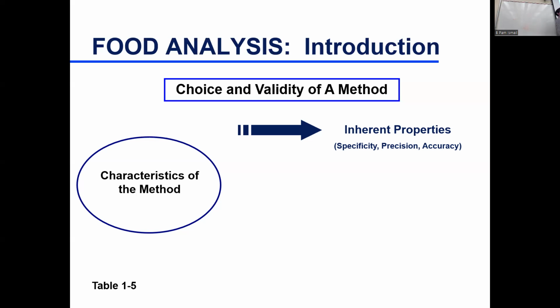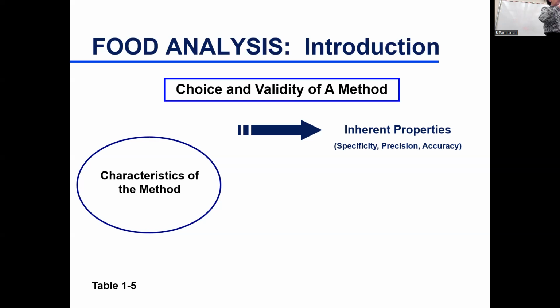So in one of the labs, you're going to run a method that gives you total carbohydrate in a juice product, or probably 7-Up and beer, actually. So in 7-Up, you will determine total carbohydrate. You have sucrose in 7-Up and you just want to know how much sugar you have.